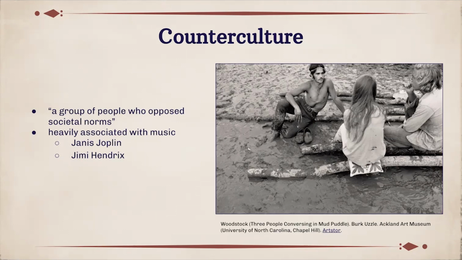One of the most well-known events of this 1960s counterculture is that it culminates into Woodstock 1969. It was advertised as 3 days of peace and music. The Woodstock Music Festival was one of the largest gatherings for those of the counterculture movement from August 15th to August 18th, 1969, with performers like Janis Joplin and Jimi Hendrix.